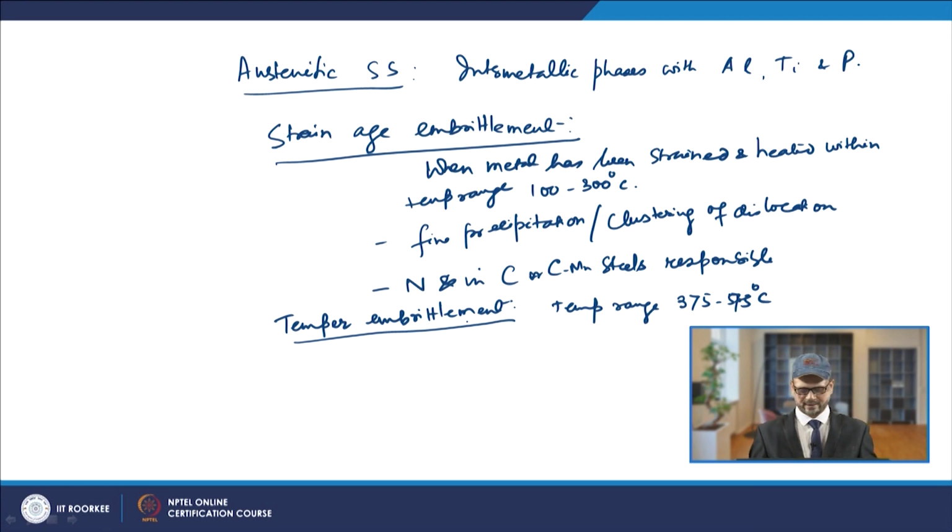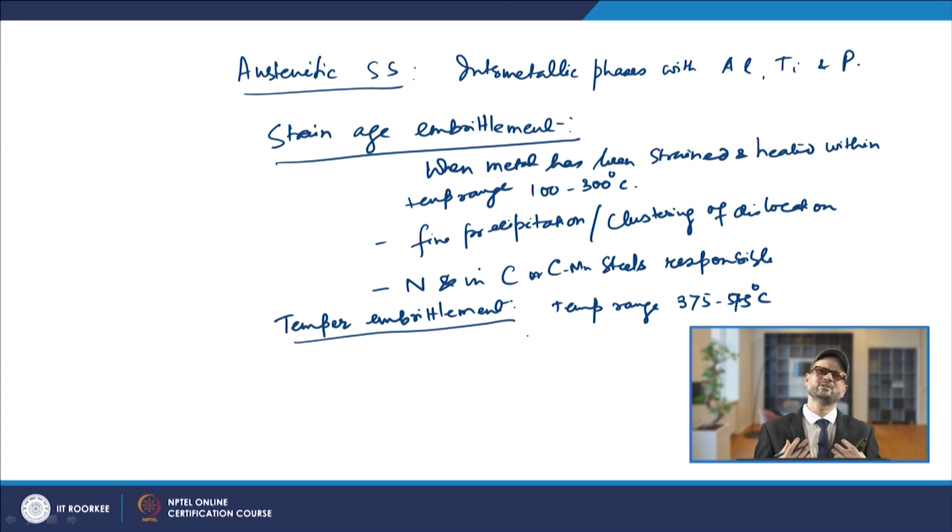That may lead to these temper embrittlement conditions. Plain carbon steels are highly susceptible to temper embrittlement, but if you add 0.5% of molybdenum, it will reduce this tendency.